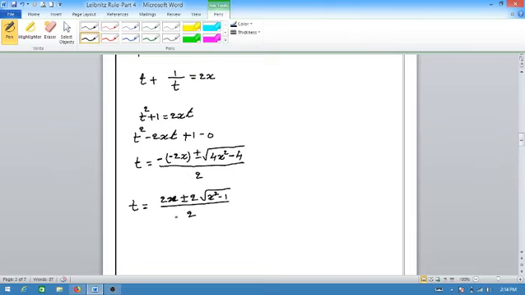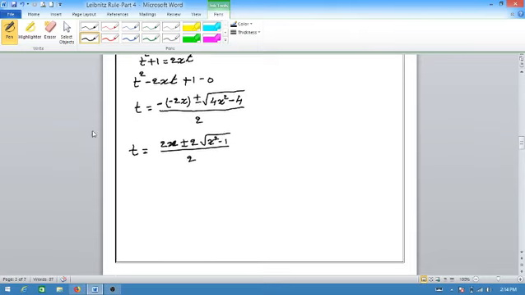So in all the terms 2 gets cancelled. Therefore t is equal to x plus or minus root of x square minus 1. Okay, so this is the root for t. So it may be a plus or minus, and in both cases we should consider it here.